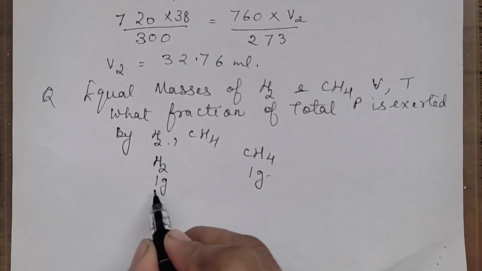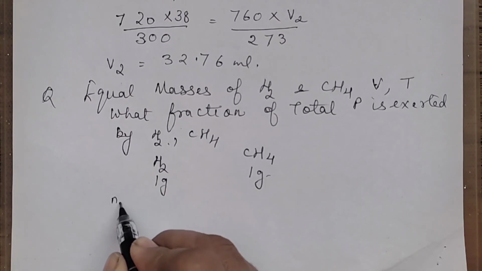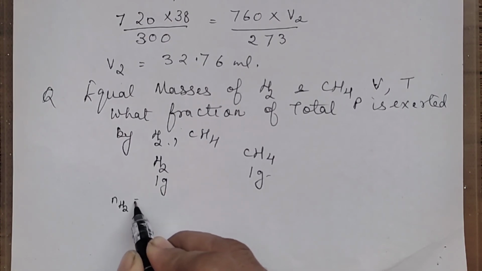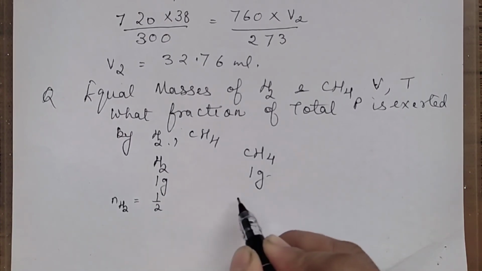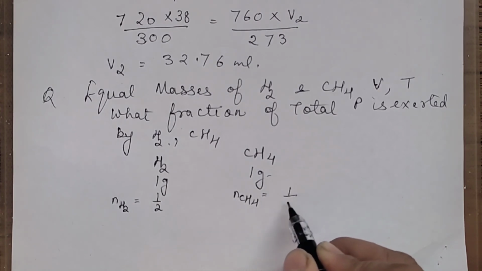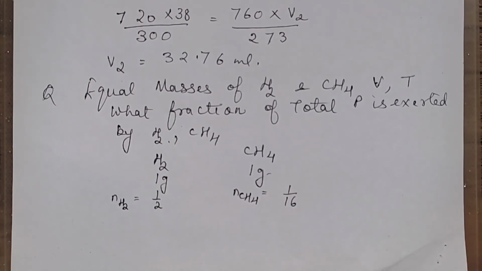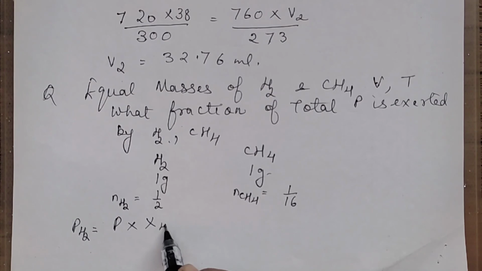Right. So, with equal masses, we will first calculate the number of moles. Number of moles of hydrogen will be equal to 1 by 2. Number of moles of methane will be equal to 1 by 16. We have done one formula in between, which I told you. Partial pressure of any gas, let it be say hydrogen, will be equal to the total pressure, let it be P, into the mole fraction of hydrogen.